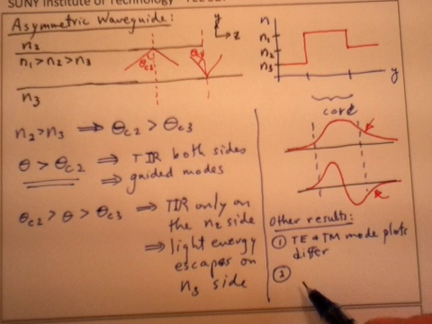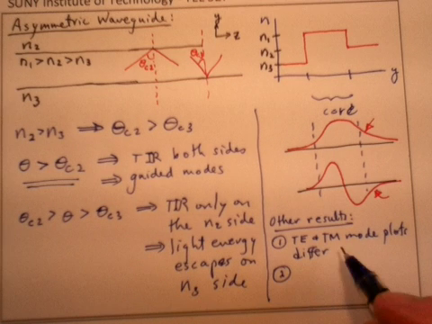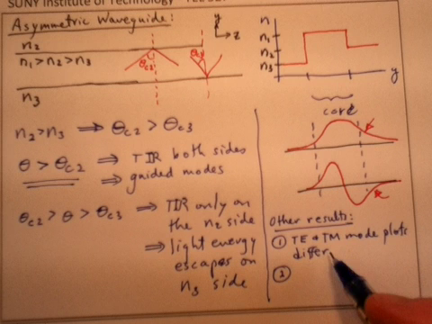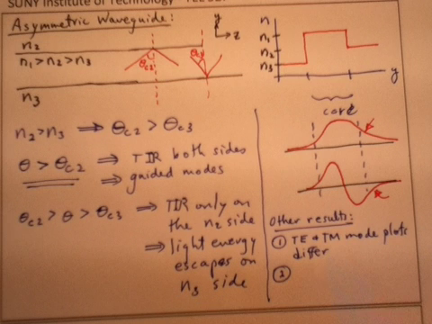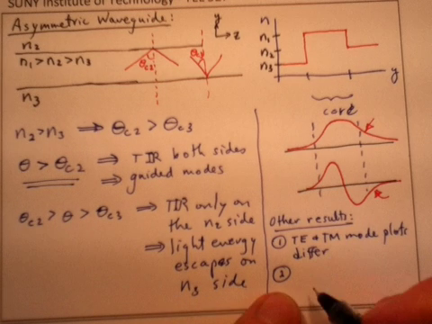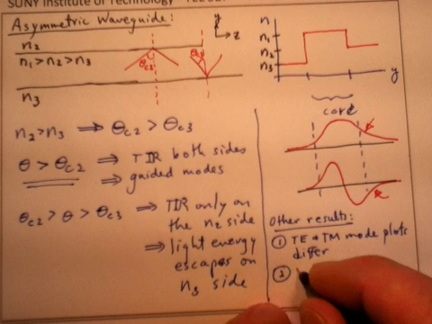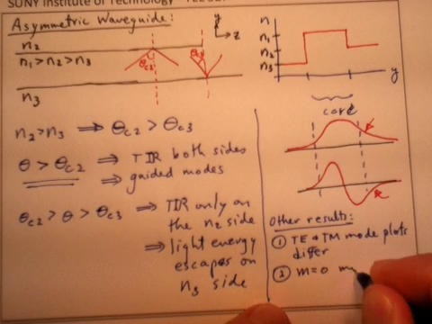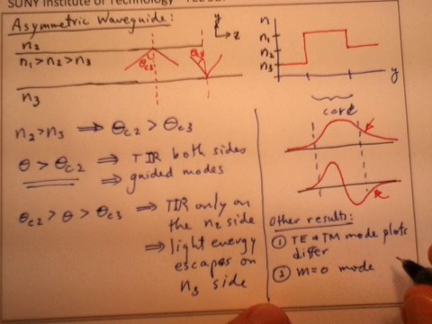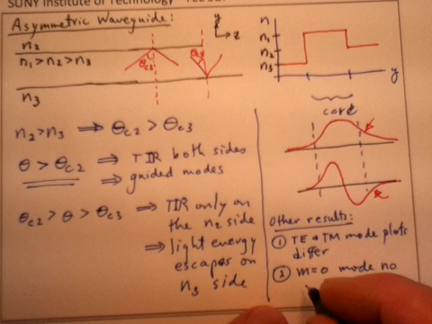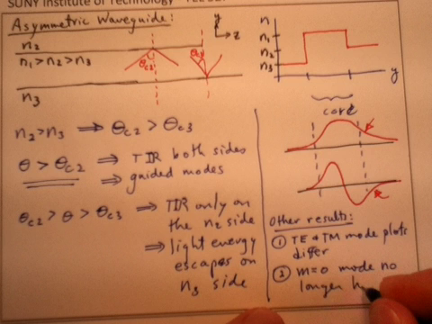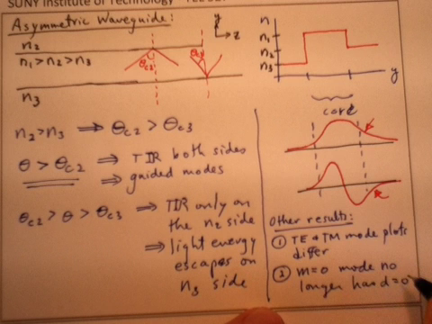And in fact, the TE and the TM mode plots were identical, but now they differ slightly due to the asymmetry. The other result or consequence of this is that the m equals 0 mode no longer has d equals 0 cutoff.